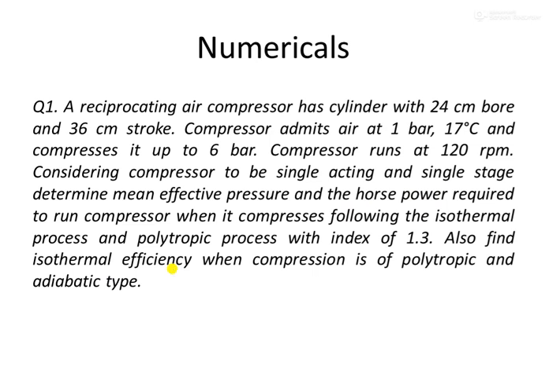Now in previous lectures we have discussed the various expressions for determining the work done, whether it is a case of isothermal compression, polytropic compression, or adiabatic compression. In the last lecture we discussed the expression of work done for these three types of compressions, right?